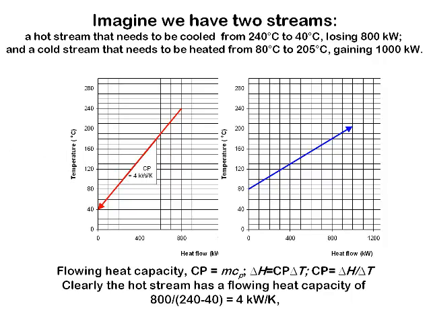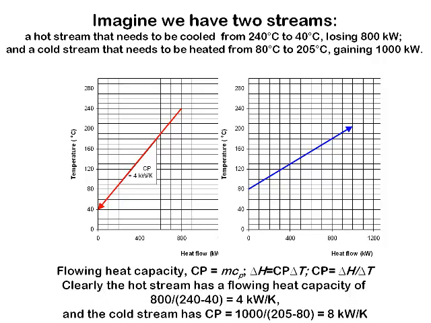And there it is, 4 kilowatts per Kelvin for our hot stream. The flowing heat capacity of our cold stream: it picks up 1,000 kilowatts of heat. That corresponds to a temperature change of 205 minus 80, which is 125 kelvins, and so its flowing heat capacity is 8 kilowatts per Kelvin, and there it is.